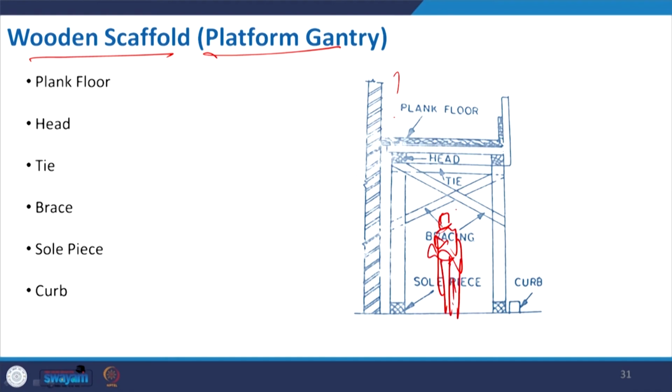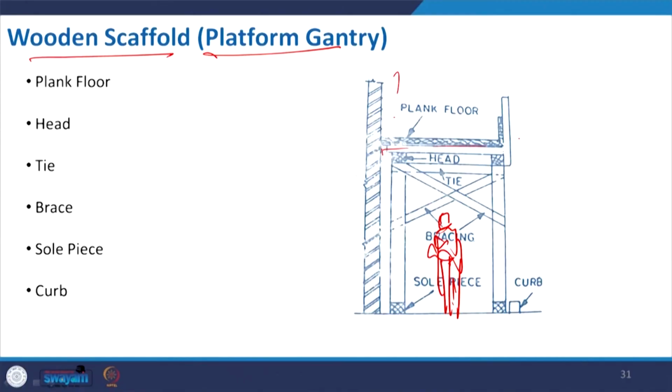So we elevate it, we create the platform, and we create the space in between, so that it can be used for regular activity, and proper care has to be taken with making the platform, the plank floor, the head, all these things, and it is self supported with your structure. This is also helpful where you have a busy road and your building is just next to the road, then this kind of platform gantry will help you.